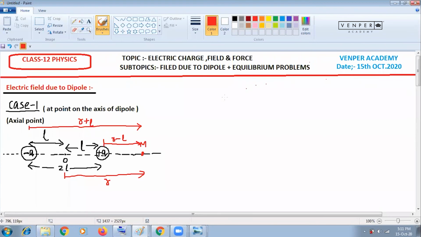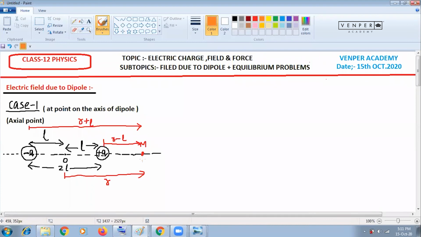Now here you see everyone: L, 2L, R minus L, R plus L. If you need to find the electric field at the point M, then what to do?